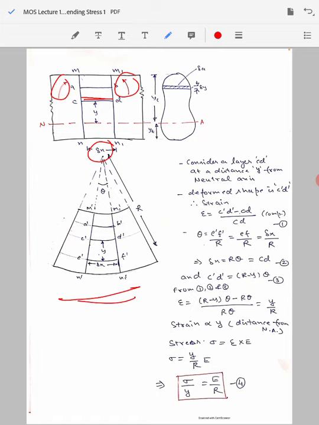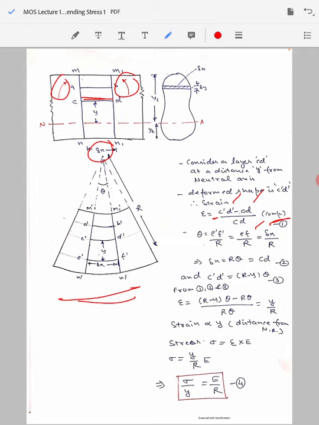So the strain produced in the fiber CD because of the applied bending moment is given by the final length C dash D dash minus the original length CD, divided by the original length CD. Mind it, this is a compressive strain, so a negative sign should precede this expression.